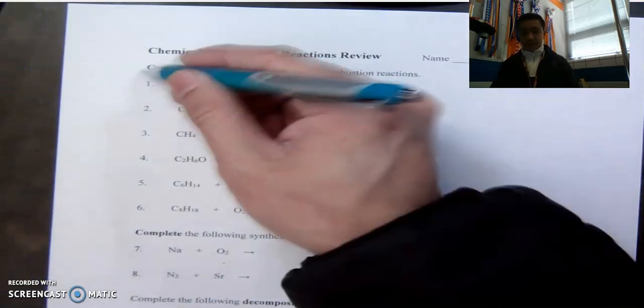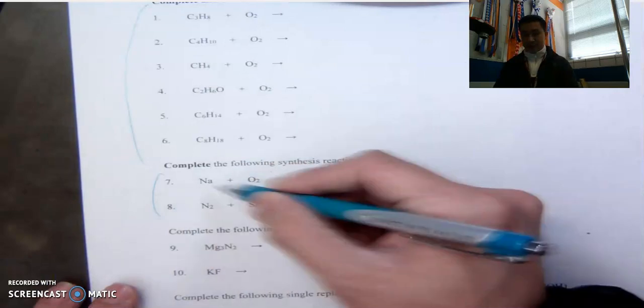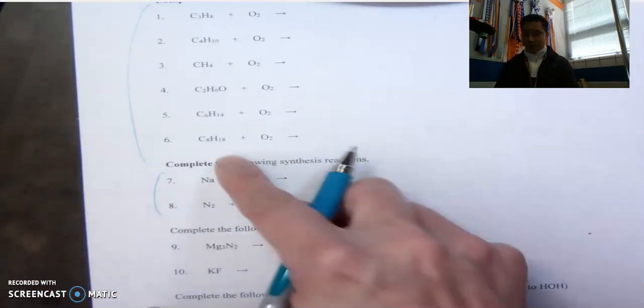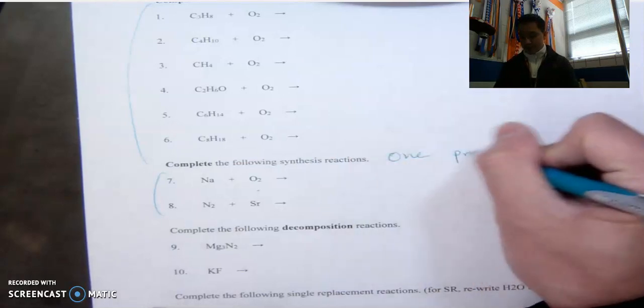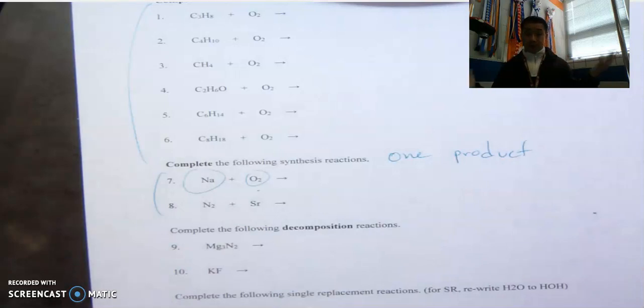Before your test, this part is combustion reaction. Do that. I just went over that. Synthesis, just combine them to write the correct formula. Get the charges and cross them. Remember, synthesis reaction, you get one product. So combine these elements and form a compound based on their charge. Okay?